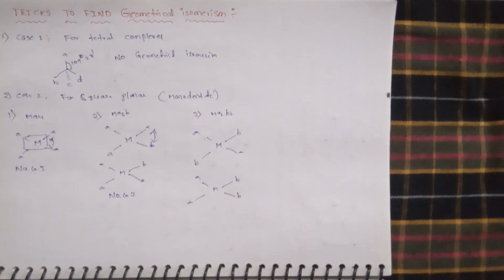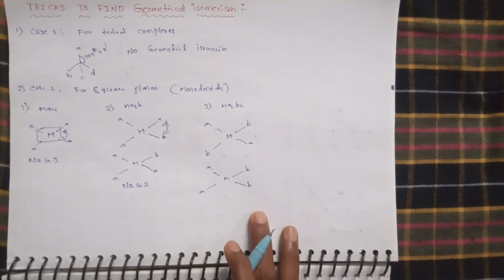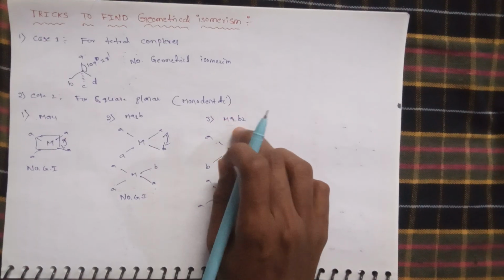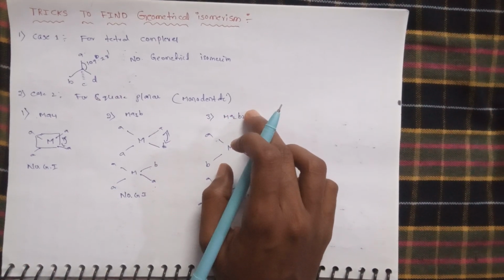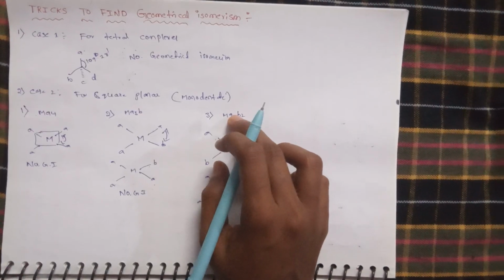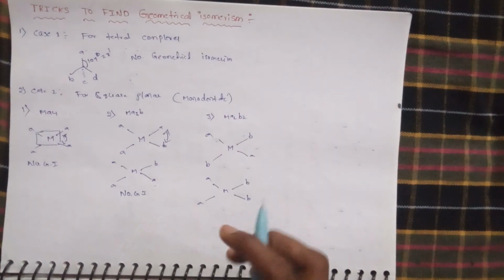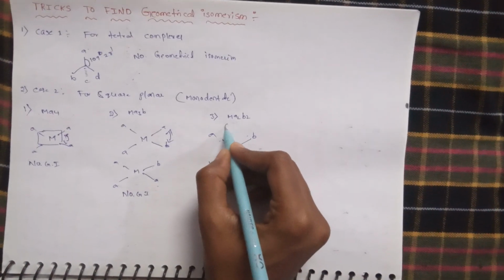In this structure you have to observe carefully how many possible pairs, that means positions, how many sets are possible.